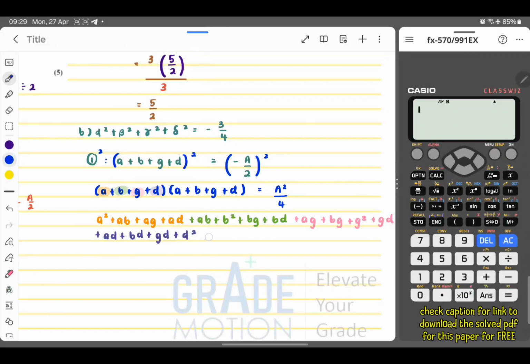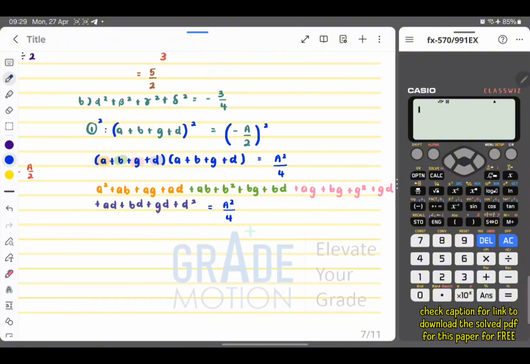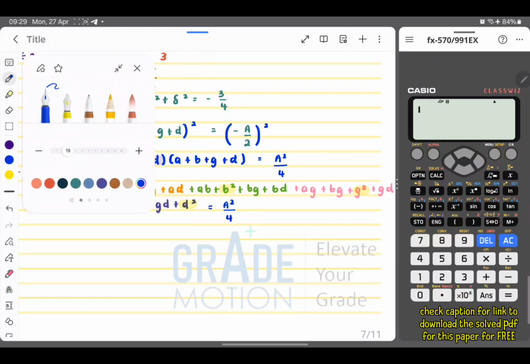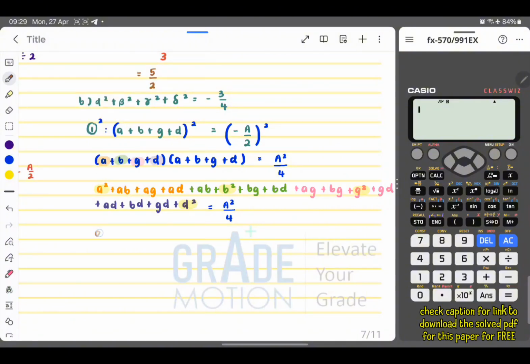All of this is equal to A squared over 4. Let's arrange this in order. Let's start with the squares. So that would be A squared plus B squared plus G squared plus D squared.